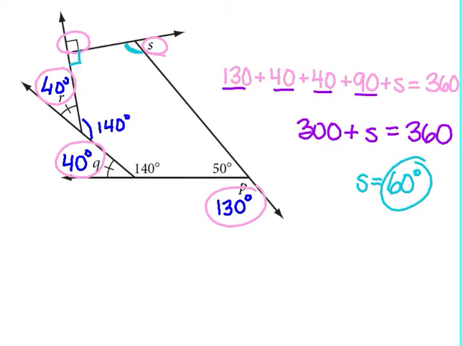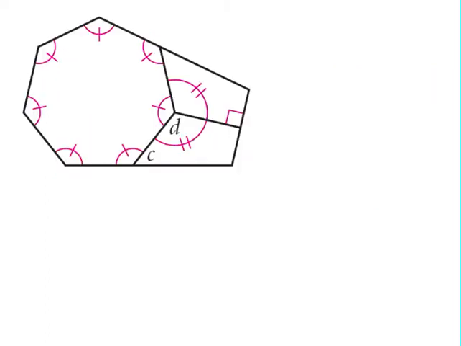Let's go ahead and look at another one. Wow. Okay, so we have to find C and D. First of all, what shape do I have here? Heptagon, yep, good call.